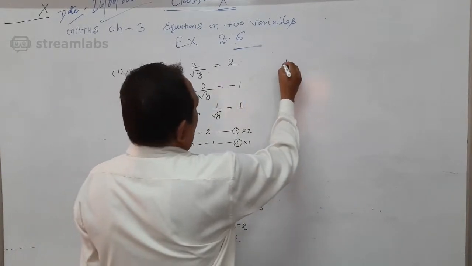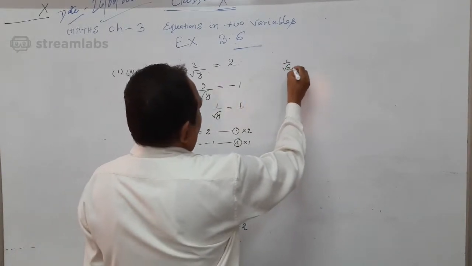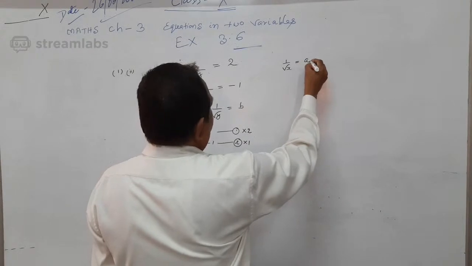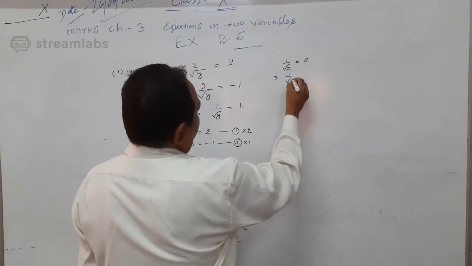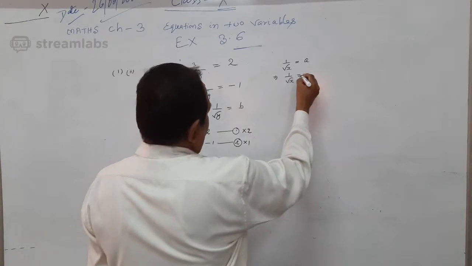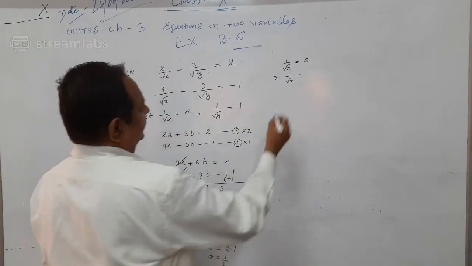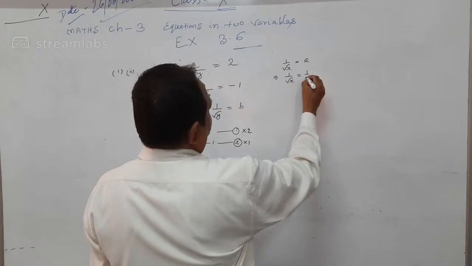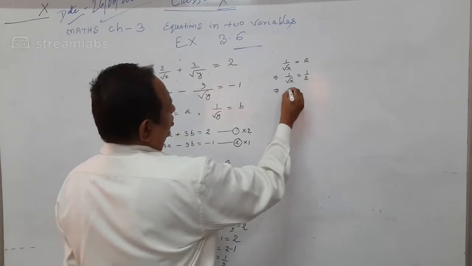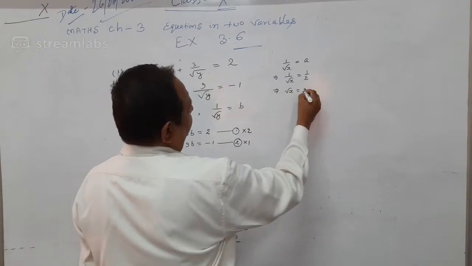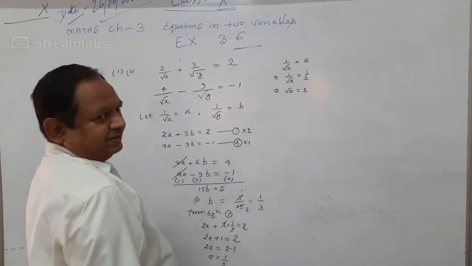Now 1 upon root x is equal to a. This implies that 1 by root x is equal to, in place of a, that is 1 by 2. This implies that root x is equal to 2 by cross multiplication.